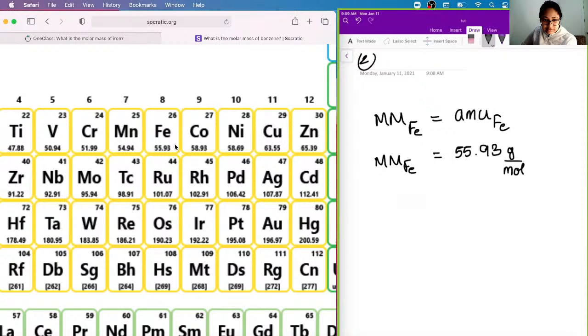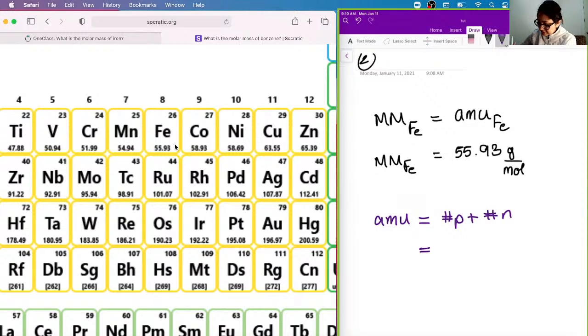However, there is another way to find molar mass or your atomic mass unit of any element. If you guys recall, to find your atomic mass unit of any element, this is your number of protons plus the number of neutrons, right?